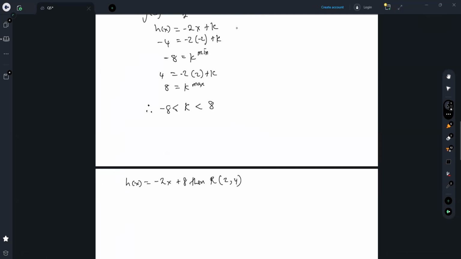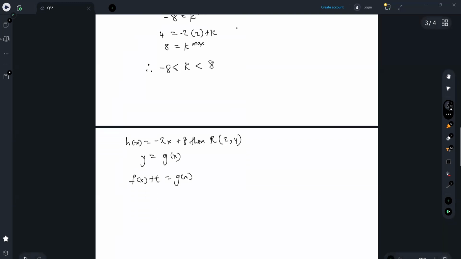Okay, so now if the two functions are going to intersect, it means that their y values are going to be the same at that point, isn't it? So now y is going to be equal to g of x. Remember that y equals f of x plus t equals g of x, right?